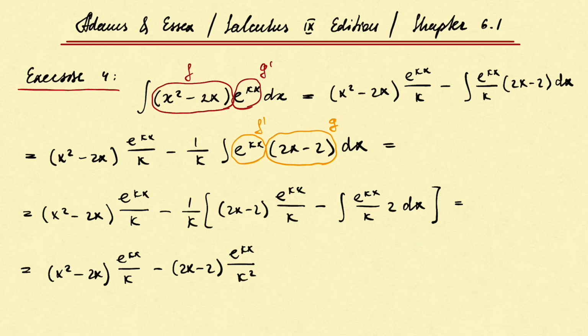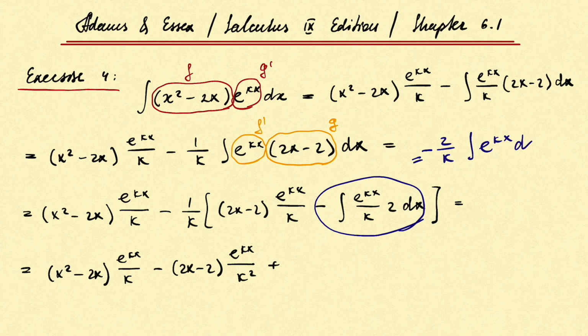Then, just for reference, we're dealing with this term, and it's equal to plus, so let me write it here. This is equal to minus 2 over k, the integral of e to the kx dx, right? So we just keep this in mind and multiply by minus 1 over k.